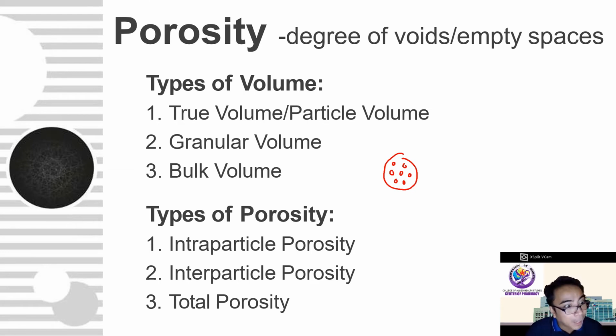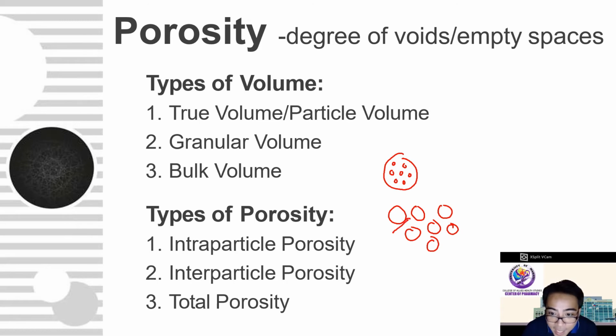Okay, di ba kasi parang sponge? Di ba? Pag hinati mo yung sponge, may makikita ka mga butas-butas. Those are the voids. Okay, that's considered, class, to be the pores. Okay, so the amount of pores, class, or the degree of the voids in a particle is said to be porosity. Now that's intraparticle porosity. Pag interparticle porosity, ibig sabihin, that's the void created between various particles.